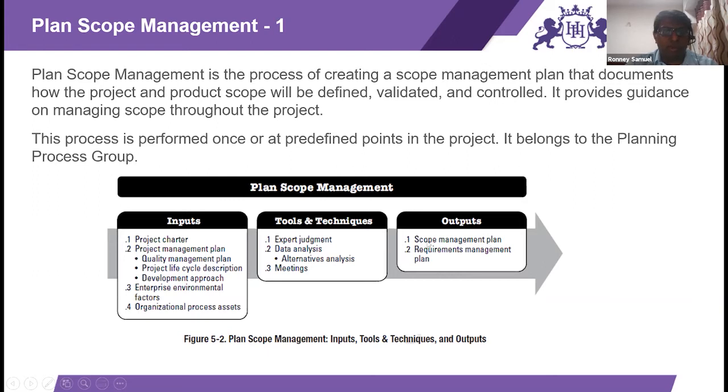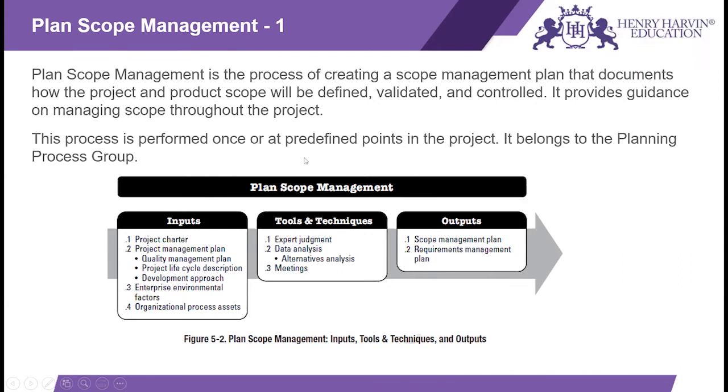How you are going to manage your scope and how you're going to manage your requirements, both are part of the scope management process. So anytime any question on the project arises with respect to scope or requirements, these two documents should be able to guide you, until something new comes, which means that even these two documents need a revision. Is it clear?